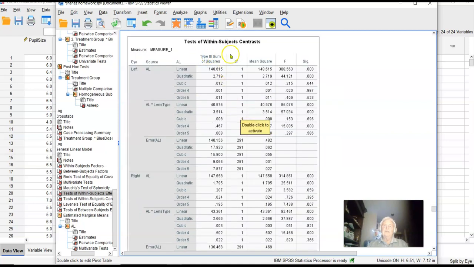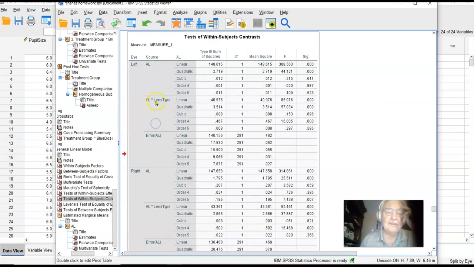Then we have within-subject contrasts. Again, we have the left eye and all the stuff duplicated for the right eye. And now we're just looking at the main effect of axial length. This is a linear increase. A quadratic means there's one bump. A cubic means there's two bumps. And since we have 6 variables, we can have n minus 1 bumps. But really, it gets pretty confusing to interpret, even after the quadratic. The cubic just gives it.